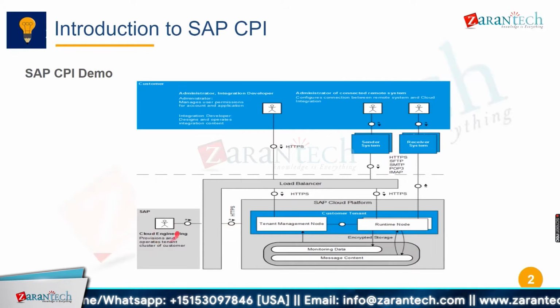Now the user can access only the status on the dashboard: what the message status is and how many messages have failed, everything. The person who is the developer can see only the message status. The main difference between the tenant management node and the runtime node is that you can change or modify anything on the tenant management node, because you are a developer.